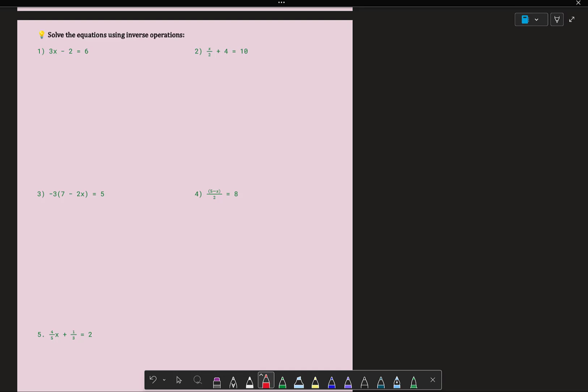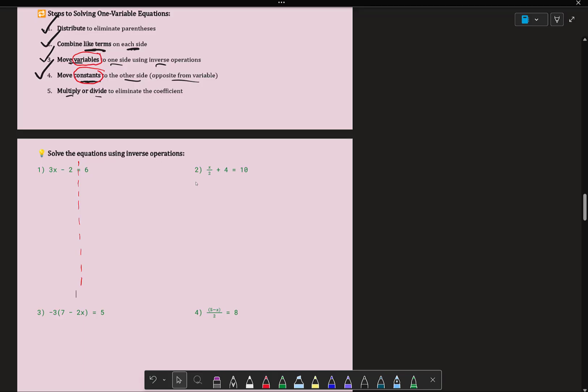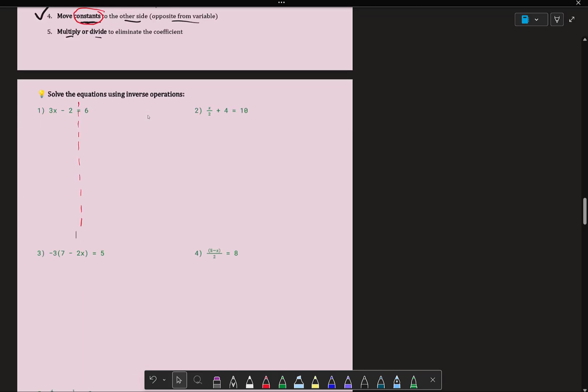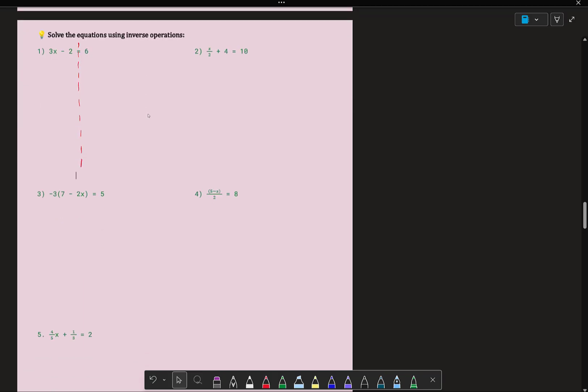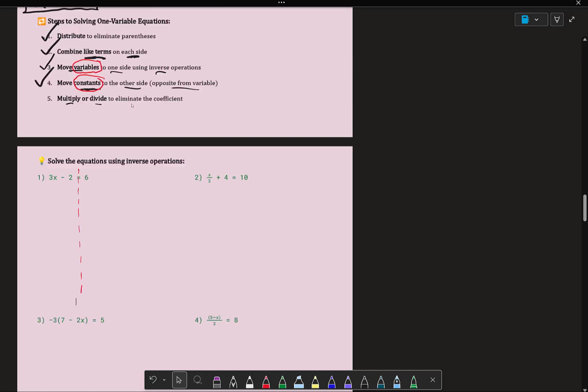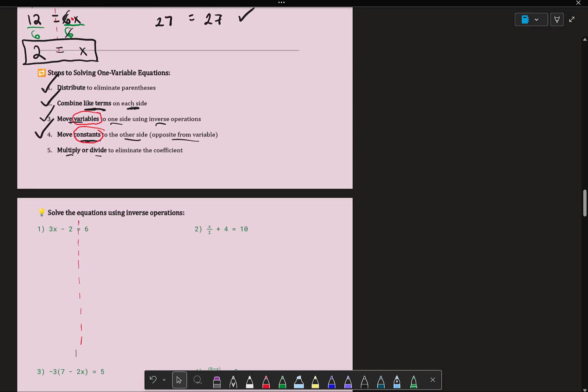Other examples, solving equations using inverse operations. So again, we want to follow the steps outlined above here. And every once in a while, there's going to be variations to these steps, but generally these 5 steps will serve you well for the majority of the problems we see. So there's no parentheses, so we can skip step 1.